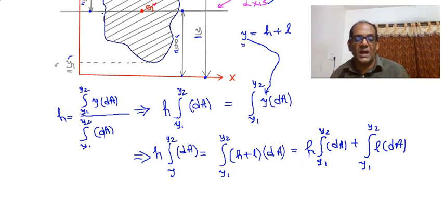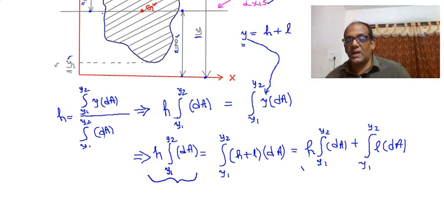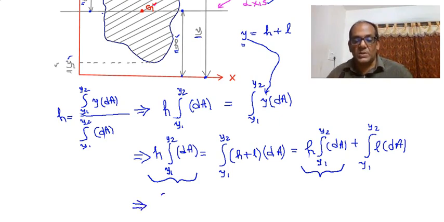Now notice that the term on the left hand side of the equal to sign and this term on the right hand side are identical. Thus they both cancel out and we are left with the equation integral y1 to y2 of L times dA is equal to 0.